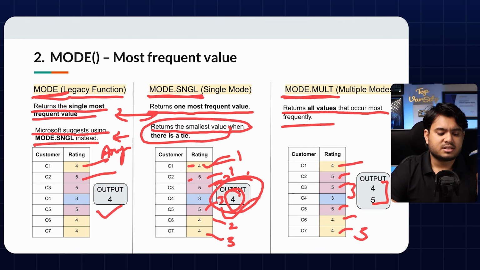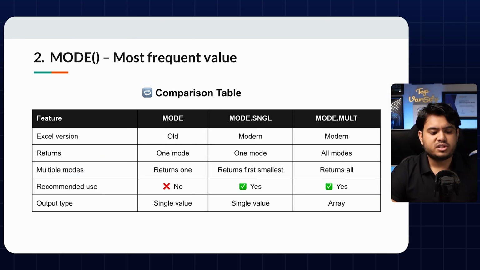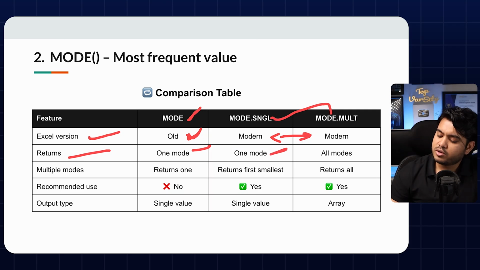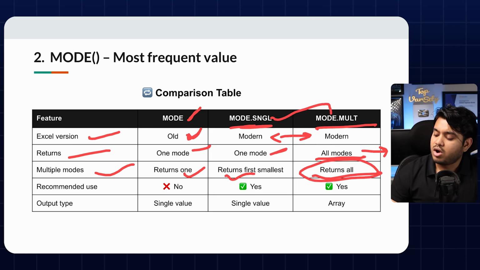Okay, now let's go to the next thing, which is again MODE. We'll see the comparison by Excel version. MODE is the old version, and both MODE.SNGL and MODE.MULT are for modern versions. MODE returns one mode, MODE.SNGL also returns one mode because it is single, and MODE.MULT is multi, so it will show you 2, 3, 4 or any number of values if they are frequent. For multiple modes, the old one returns the first smallest, and MODE.MULT returns all.